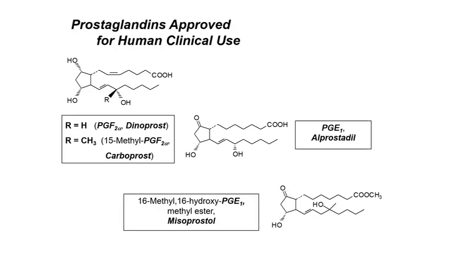It needs to be hydrolyzed inside the body to be converted to the active acid. At the same time, the OH present at position 16 is fooling the enzyme responsible for the oxidation. That's to say that this OH is protected. It won't be oxidized as in the case of dinoprost.